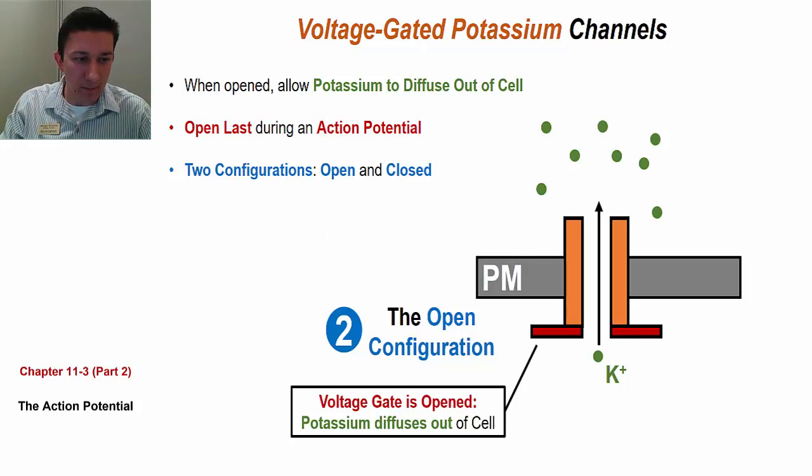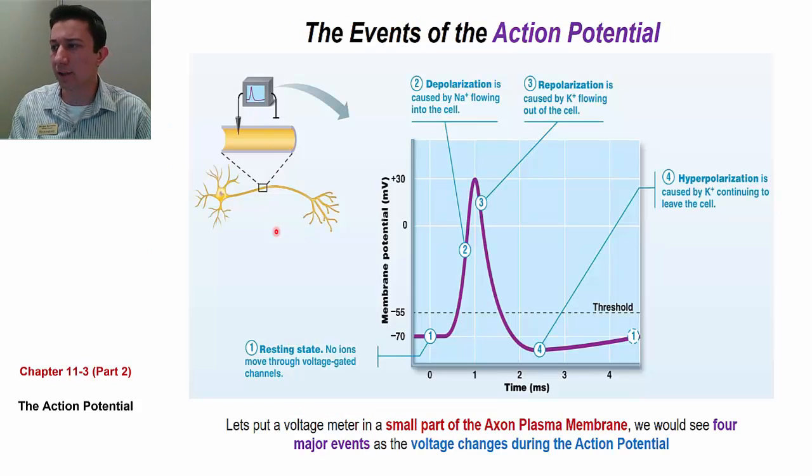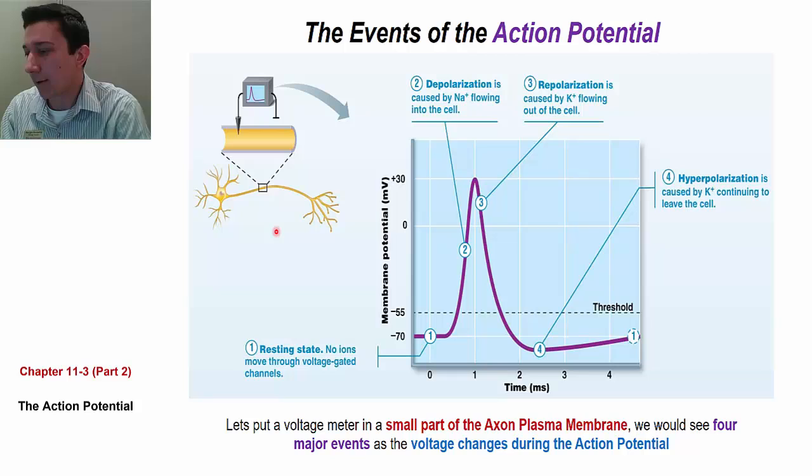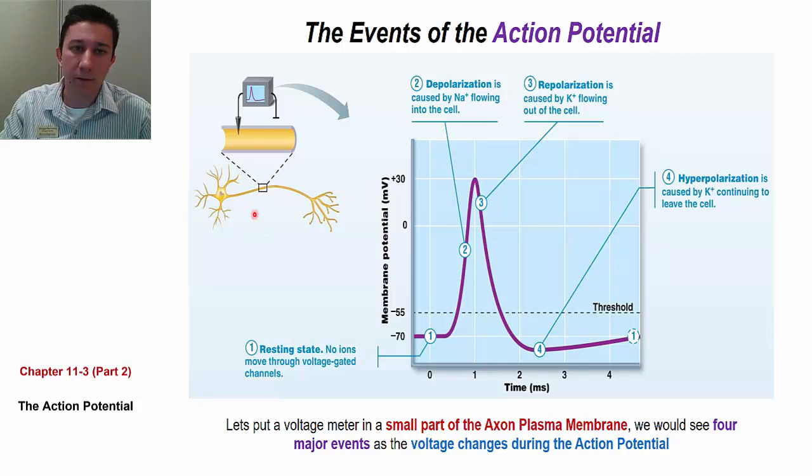Alrighty, so we've looked at the major players involved in the action potential, so let's look at the events of the action potential itself, right? Just like with everything, we'll put a small voltage meter in a small section of our axon plasma membrane here, and we'll simply measure the change in voltage as the action potential occurs in that little part of the membrane.